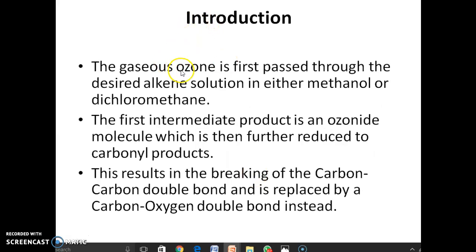Gaseous ozone is first passed through the desired alkene solution, either in methanol or in dichloromethane. The first intermediate product formed is an ozonide molecule, which is then further reduced to carbonyl products. This results in the breaking of the carbon-carbon double bond, which is replaced by the formation of a carbon-oxygen double bond instead.